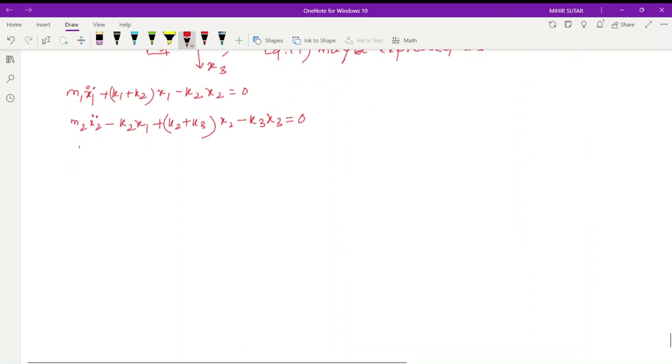Then we have m3 x3 double dot minus k3 x2 plus k3 x3 is equal to 0. Let us say this is equation 2.